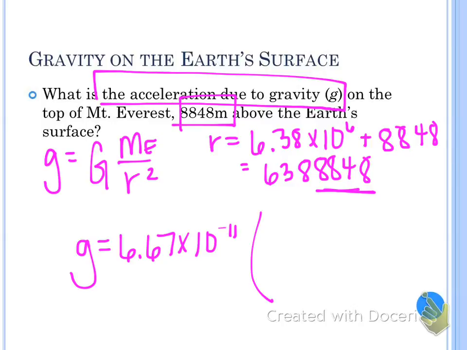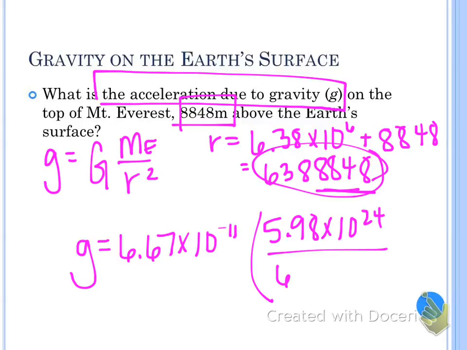That's backwards, my bad. 5.98 times 10 to the 24th over r squared. So we use this radius, 6.388. Here, it does not matter what the mass of this object is at a certain distance from the Earth. The only thing that matters is the mass of the Earth itself.